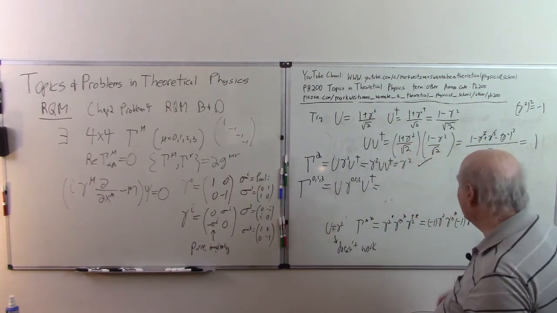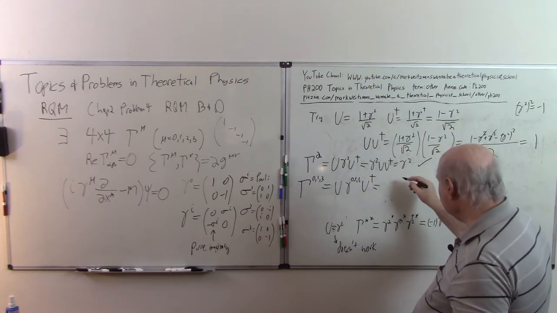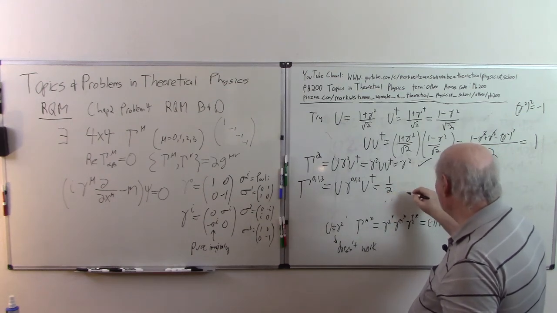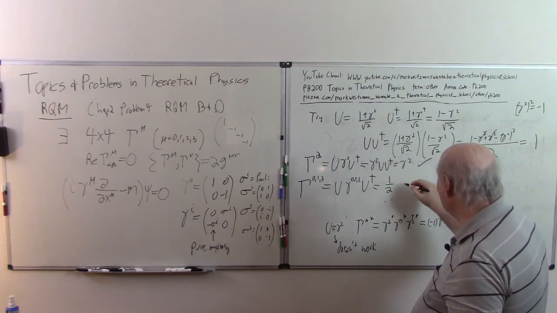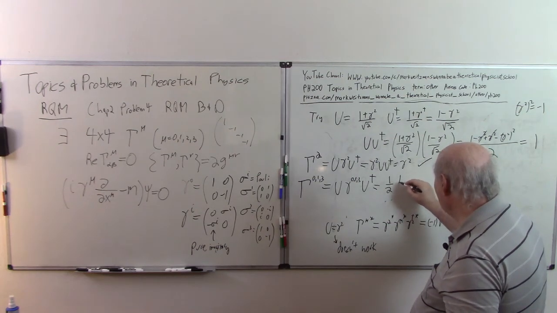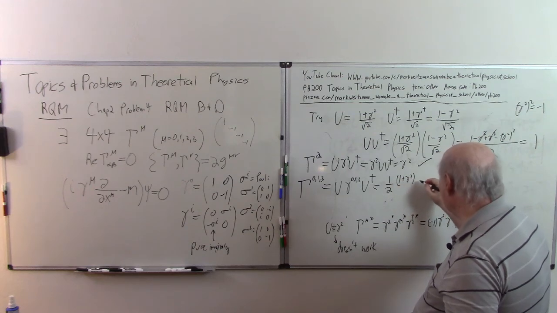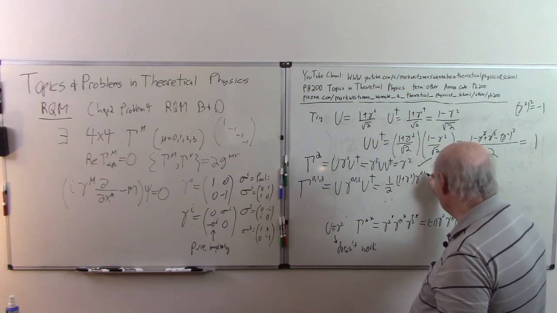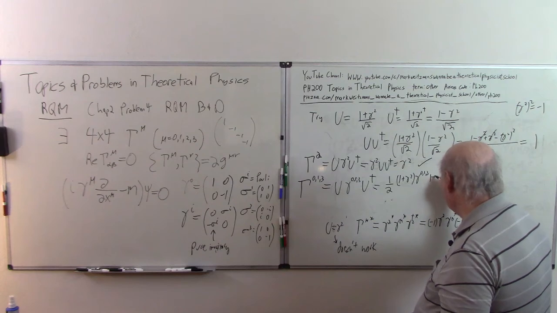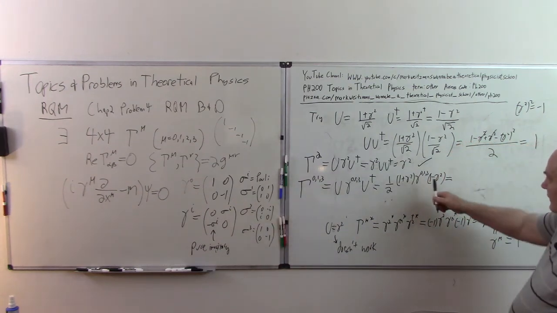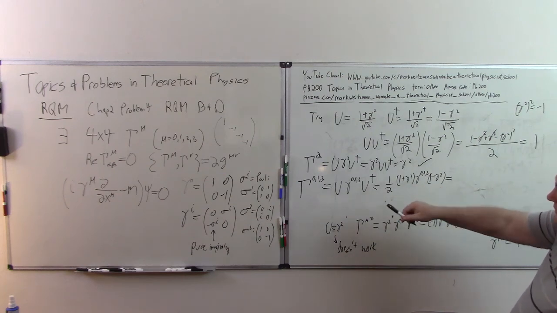So this is going to be one half, 1 plus gamma 2, gamma 0, 1, 3, 1 minus gamma 2. Now we know that all of the gammas anti-commute with each other.